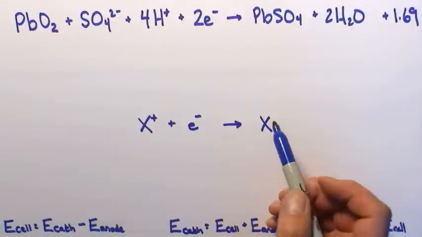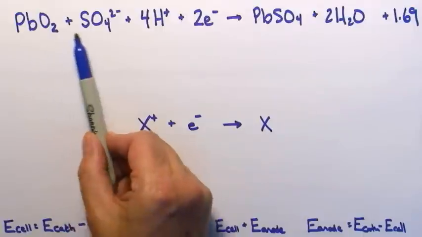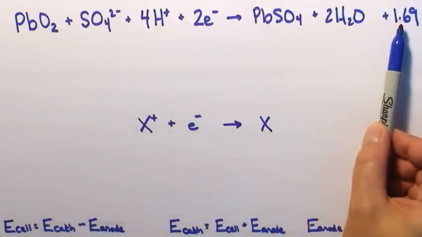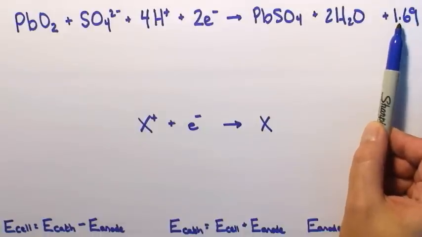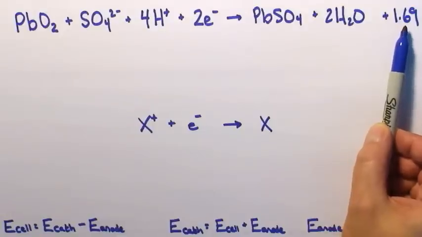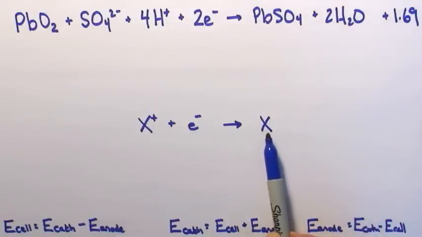Now this is going to be the cathode, and this is the reduction potential for the reaction that goes on at the cathode. The anode then is going to be the X, and that's what we're looking for. I've just taken the liberty of writing out these little equations, where the electrical potential of the cell is equal to the E cathode minus the E anode.